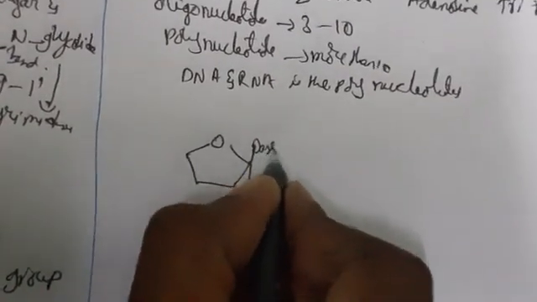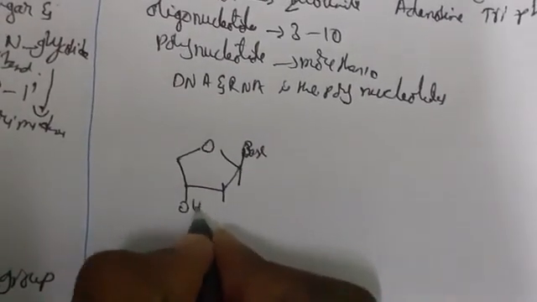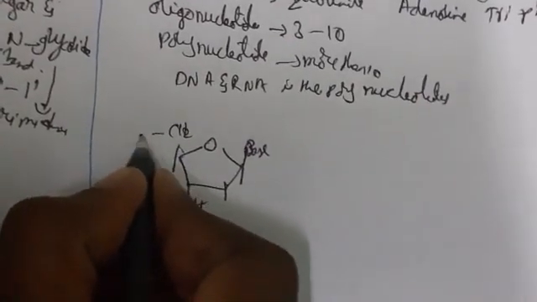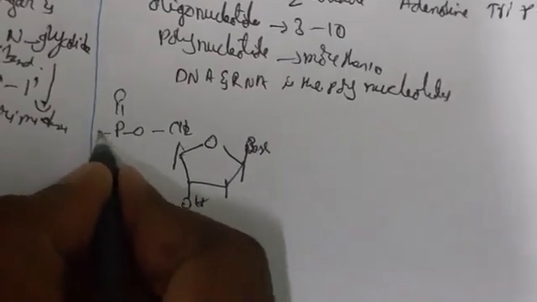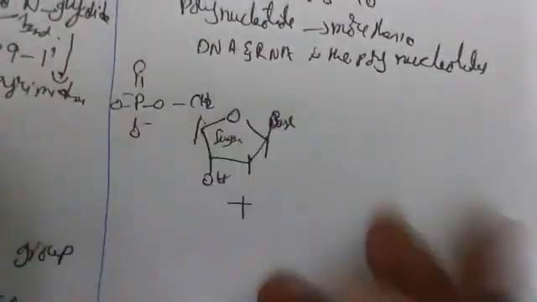here base, OH, CH2, O, P double bond, O minus. So this is one thing. This is the sugar molecule I am taking here, the same nucleotide molecule.